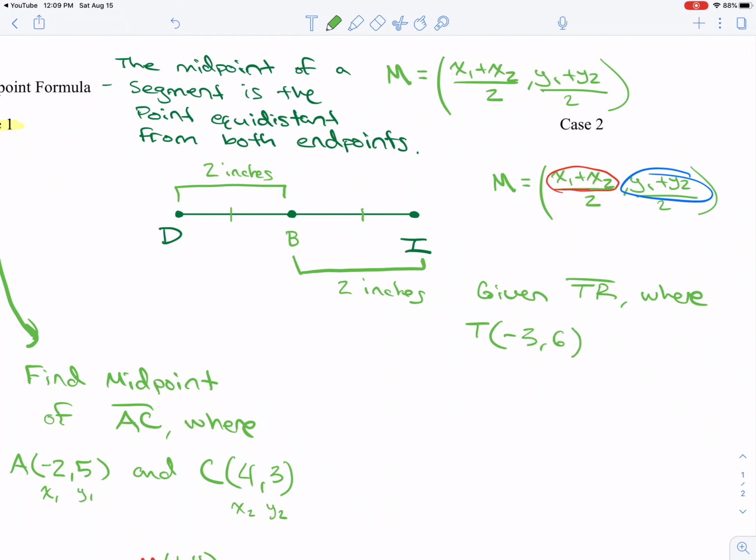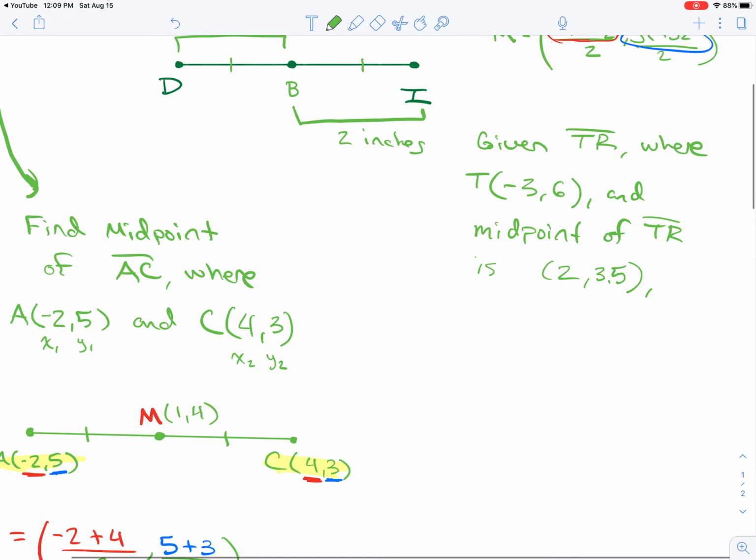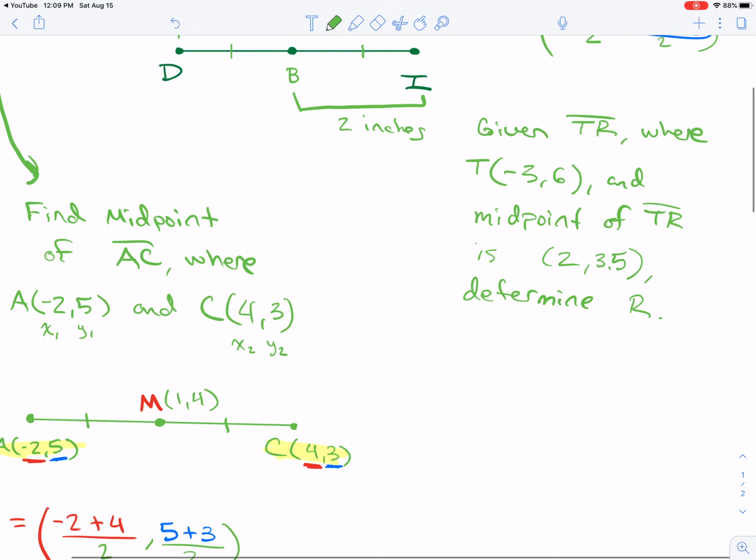So I'm just throwing out these numbers here. And the midpoint of segment TR is 2, 3.5. Determine the coordinates of R.